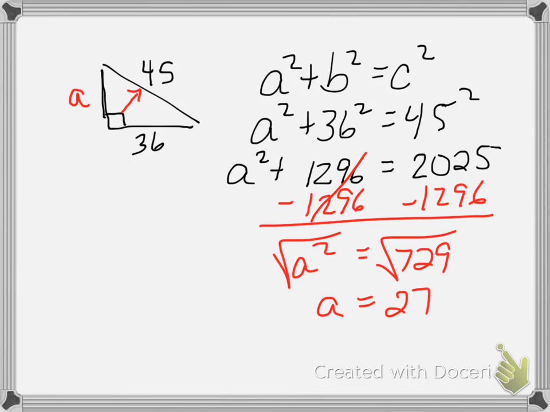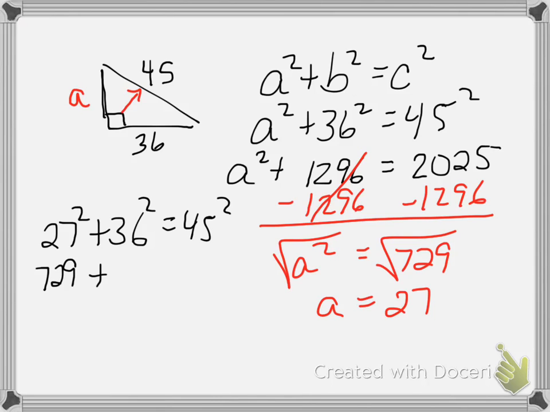Okay, so I can always test it out too. That's what's nice about Pythagorean's theorem, is I can see if 27 squared plus 36 squared really does equal 45 squared. So 27 squared is 729 plus 36 squared is 1296, and 45 squared is 2025.